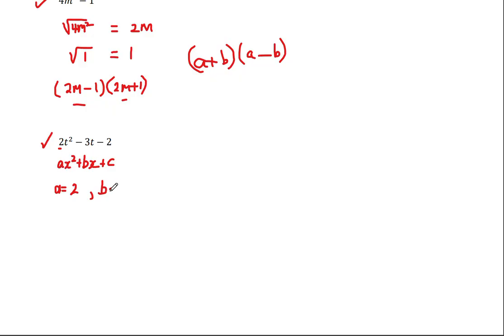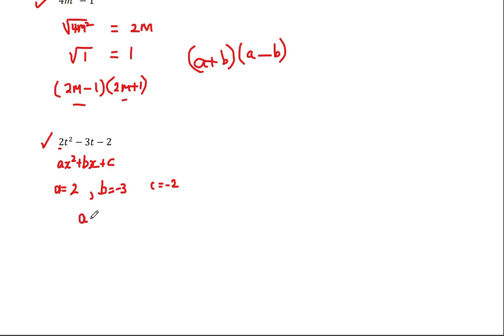B is the coefficient of the variable without the square, which is in this case negative 3. And C is our constant. So when you're factorizing a quadratic equation in standard form, ax squared plus bx plus c, you write down the values of a, b, and c.